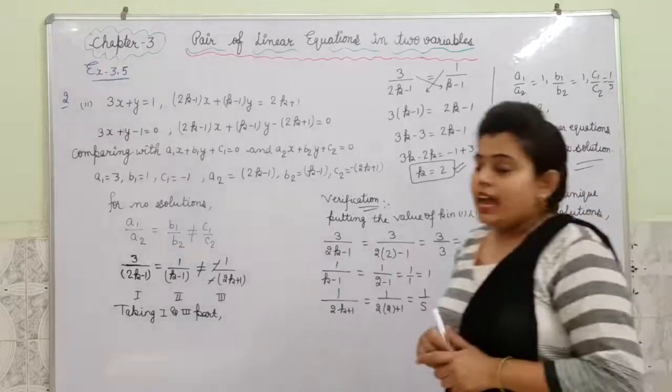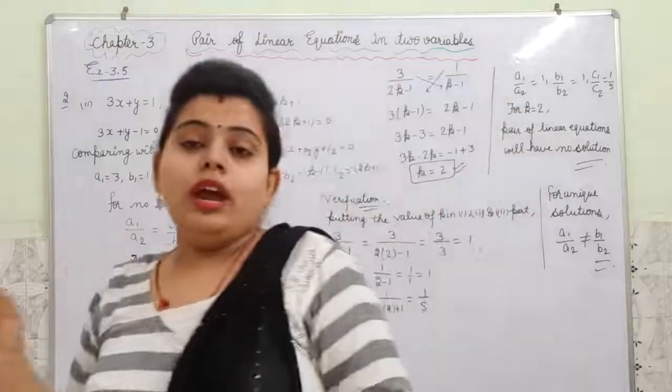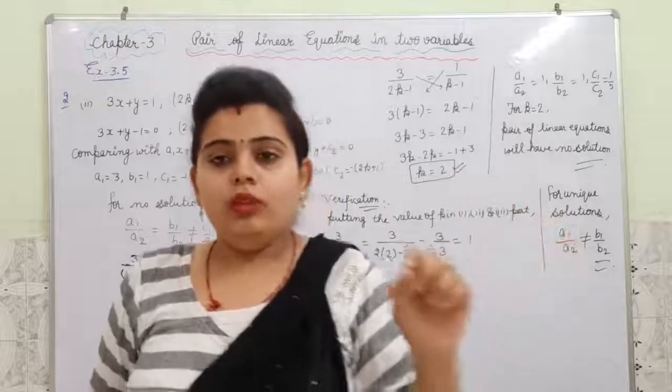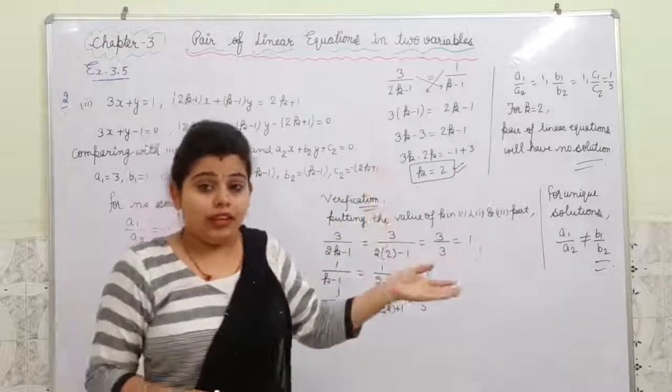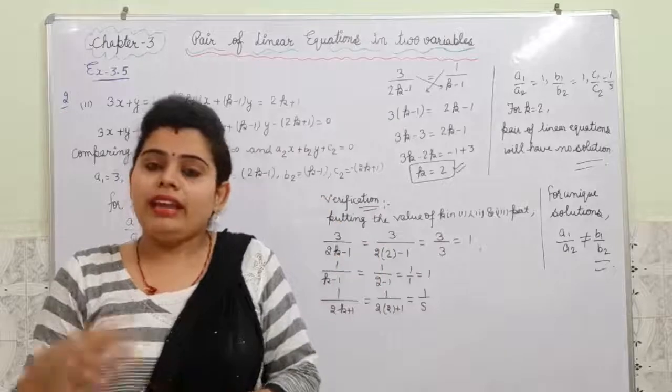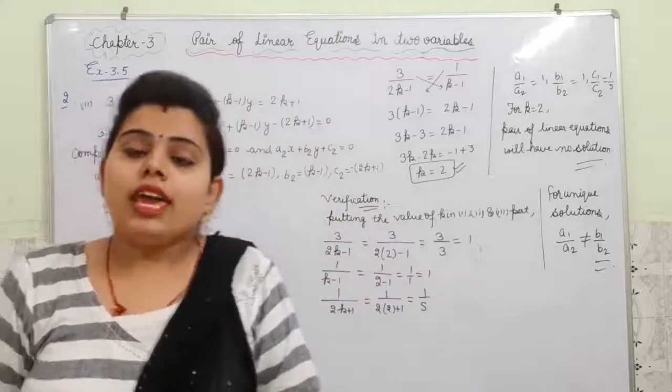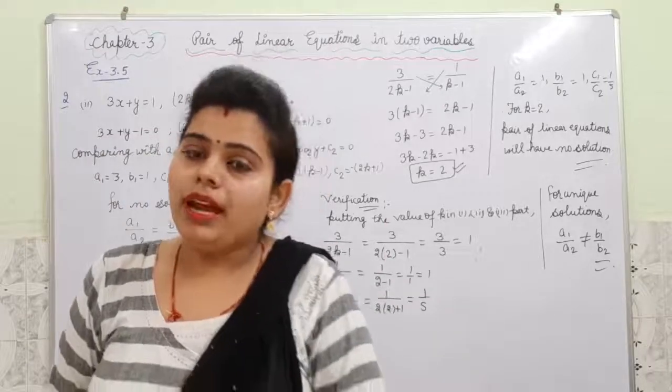So like this any condition can be given to you, and any missing term or any variable value can be asked to you, find the value of a and b or find the value of k or any other variable. So for unique solution what is the condition? a1 by a2 not equal to b1 by b2.